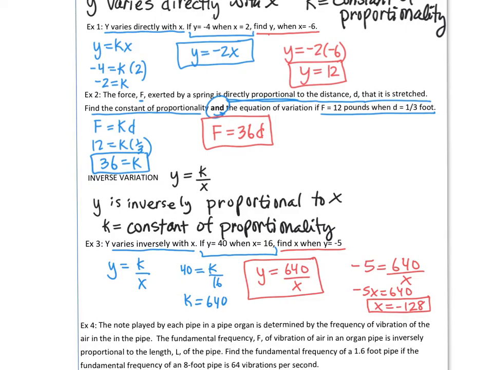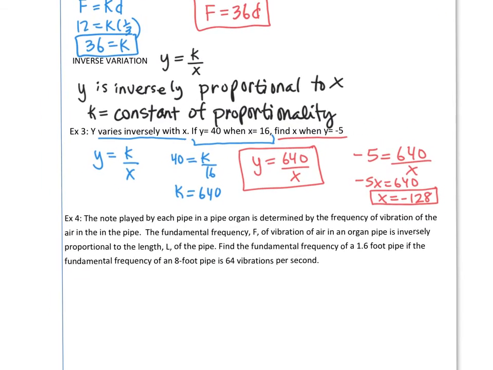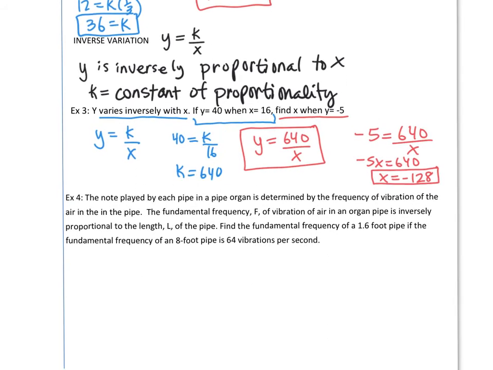All right, so the next one, example 4. The note played by each pipe in a pipe organ is determined by the frequency of vibration of the air in the pipe. The fundamental frequency, F, of vibration of air in an organ pipe is inversely proportional to the length of the pipe.